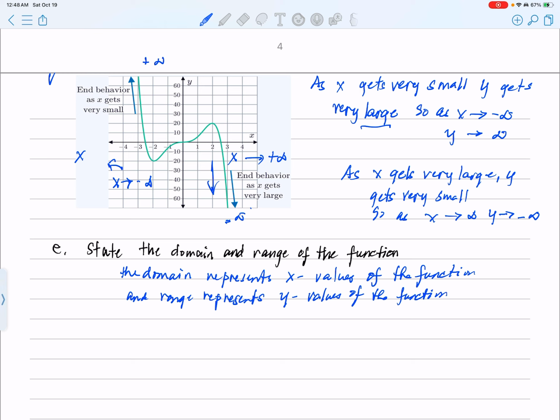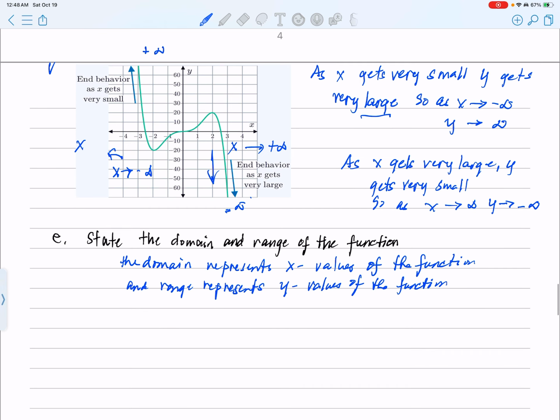Recall that the graph of a polynomial function is one smooth, continuous curve. Okay, as the polynomial is defined for any number of inputs, our domain would be negative infinity to positive infinity.